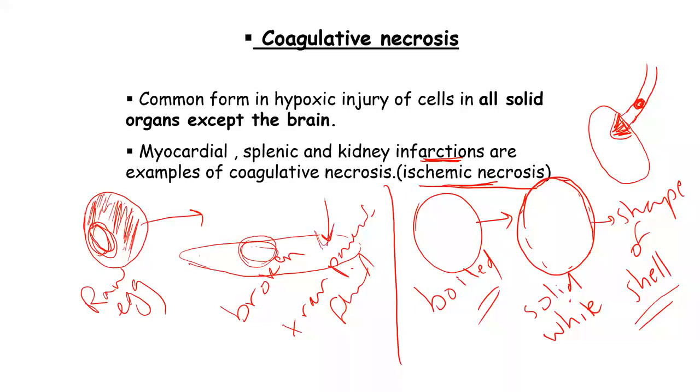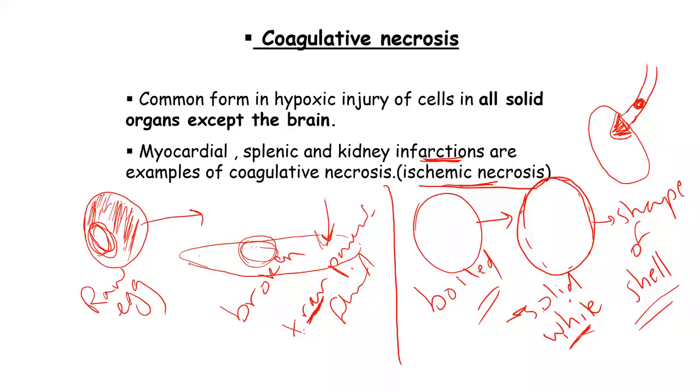Okay, what happened to the egg if it is boiled? Protein denaturation occurs, protein denaturation or coagulation of the protein in the white. This changes the physical properties of the protein.